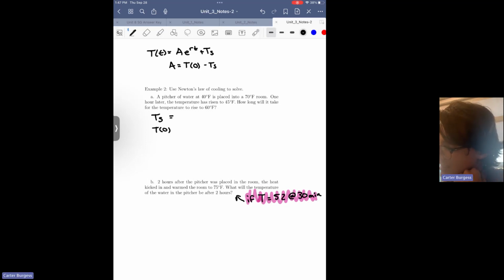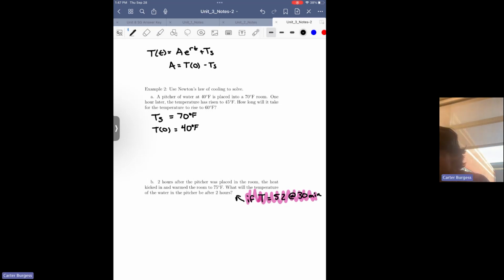So what is our surrounding temperature here? 70 degrees Fahrenheit. We're going to end up dropping, just for the math purposes of it, the degrees Fahrenheit through our formula, but it's important to note. And then our initial temperature here, 40 degrees Fahrenheit. Very cool.